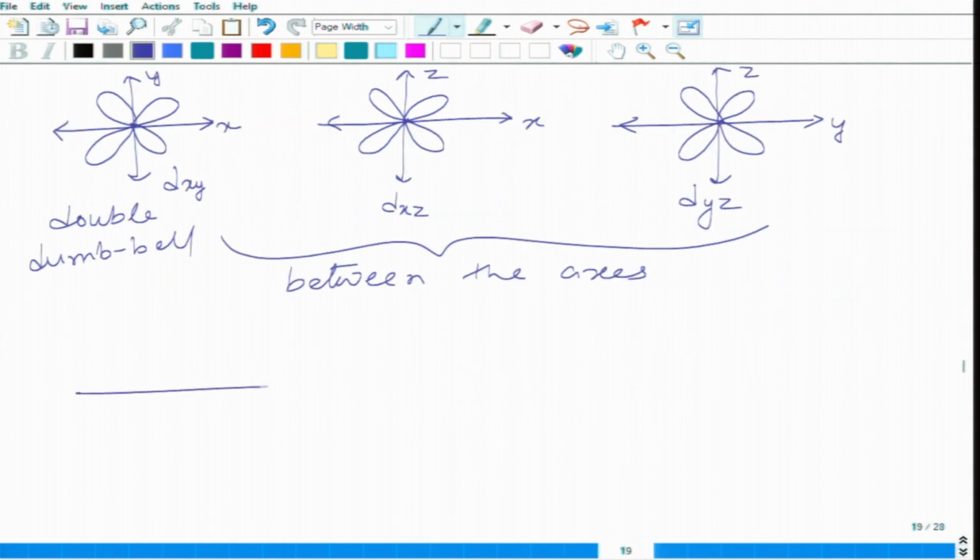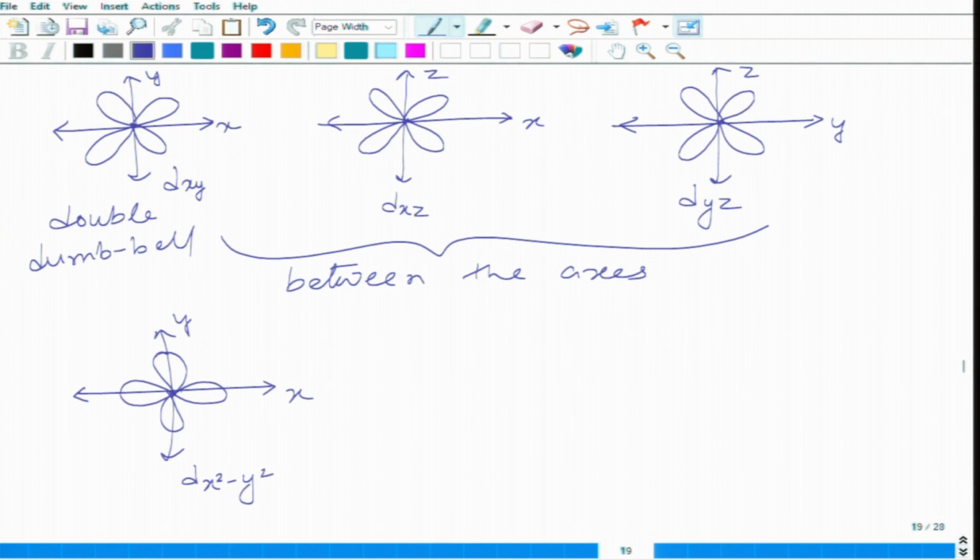Now, we will draw dx square minus y square. So, let us say x axis and y axis. dx square minus y square is along the axis.